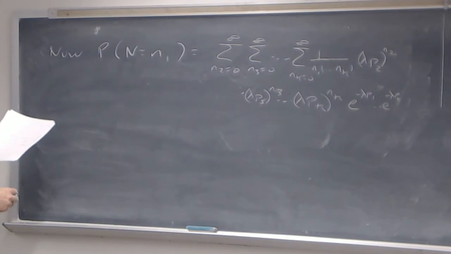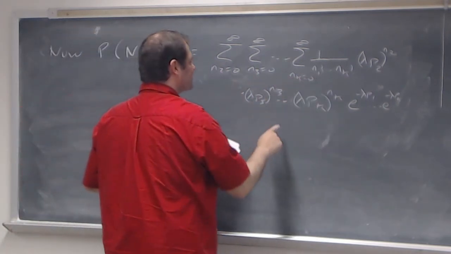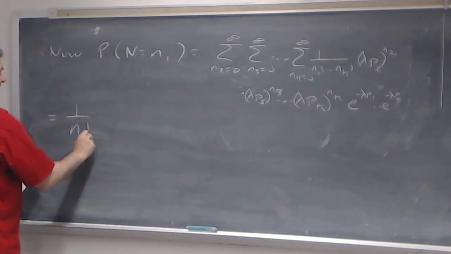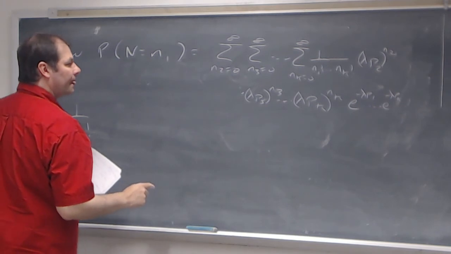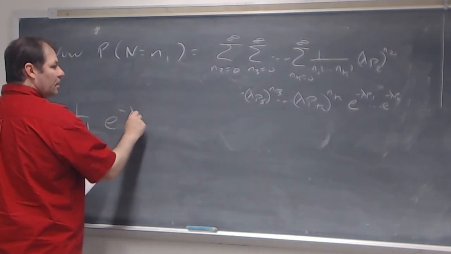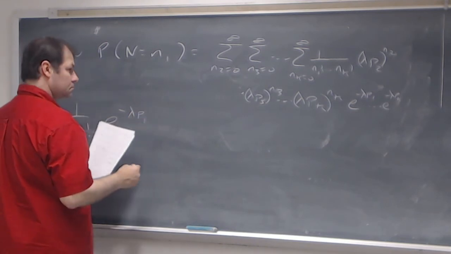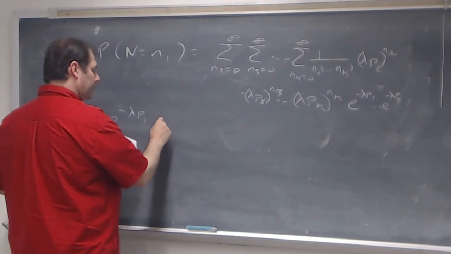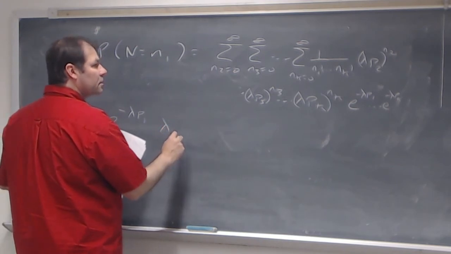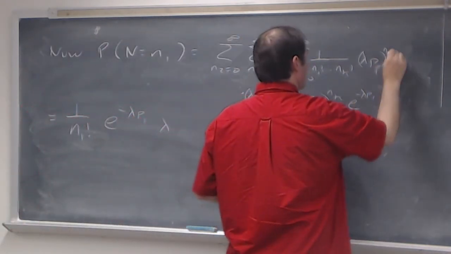Okay. All right, now the n sub 1 is not involved in this sum, so I can pull that out. 1 over n sub 1 factorial. The e to the minus lambda p sub 1 I'll pull out. And then I'll also pull out the lambda. I made a mistake. It should include lambda p sub 1, n sub 1.